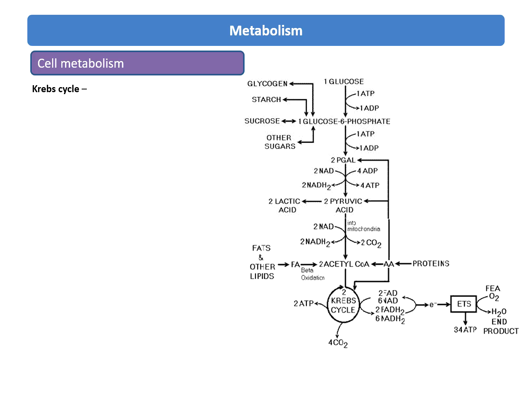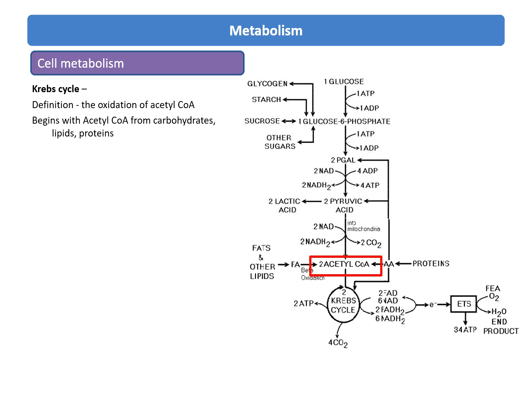Now about the Krebs cycle. We can define the Krebs cycle as the oxidation of acetyl-CoA. It begins with acetyl-CoA. This has come from carbohydrates, fats and other lipids, and proteins. Acetyl-CoA is a 2-carbon compound.